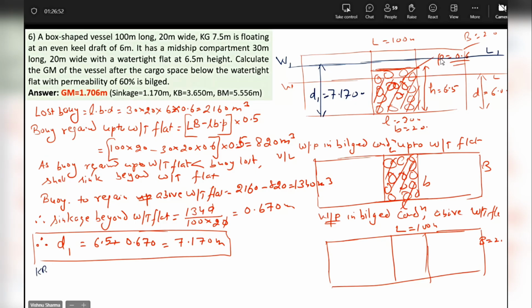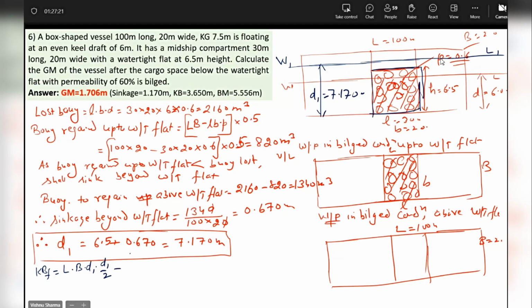KB final will be equal to, I'm talking to myself, vertical moment of underwater volume about keel, so that is LB D1 into D1 by 2 minus the vertical moment of the underwater volume not contributing to buoyancy, that is this one where I have drawn the blue box.